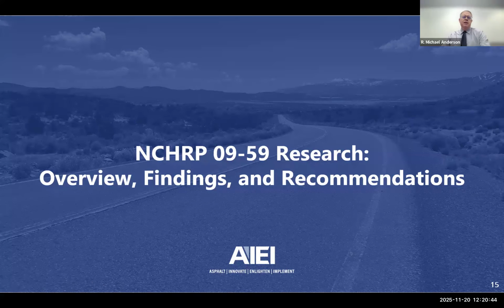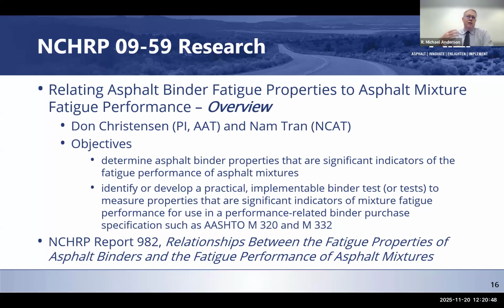That was all the premise of the 9-59 research, their findings, and this is an overview of those findings. The next presentation is going to talk about the impacts of what those findings are and what they're going to mean.